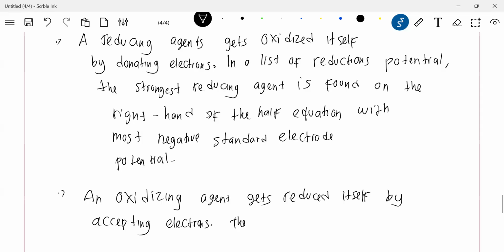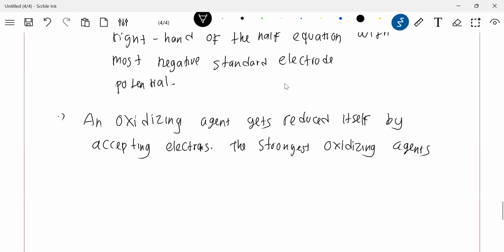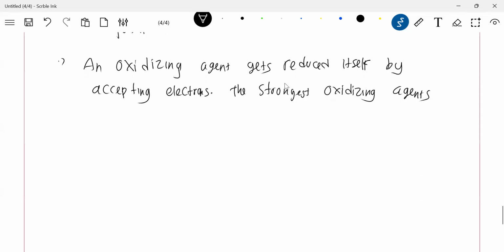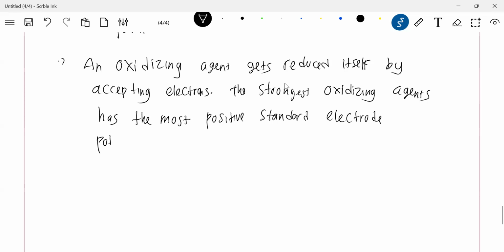The strongest oxidizing agent has the most positive standard electrode potential.